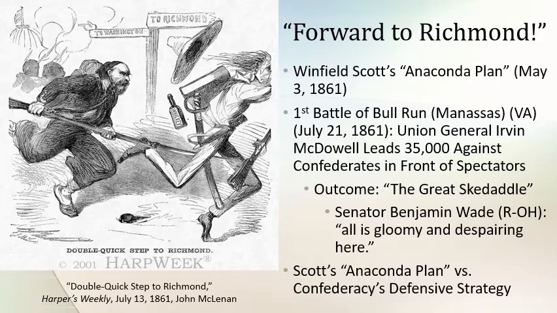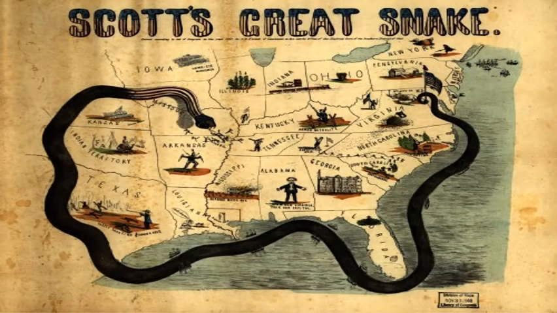On the other side, the Confederates for their part followed a defensive strategy, hoping that prolonging the war might convince Northerners to seek a negotiated settlement. Nonetheless, after the first battle of Bull Run, the Anaconda Plan will become the strategy of the United States for the foreseeable future.